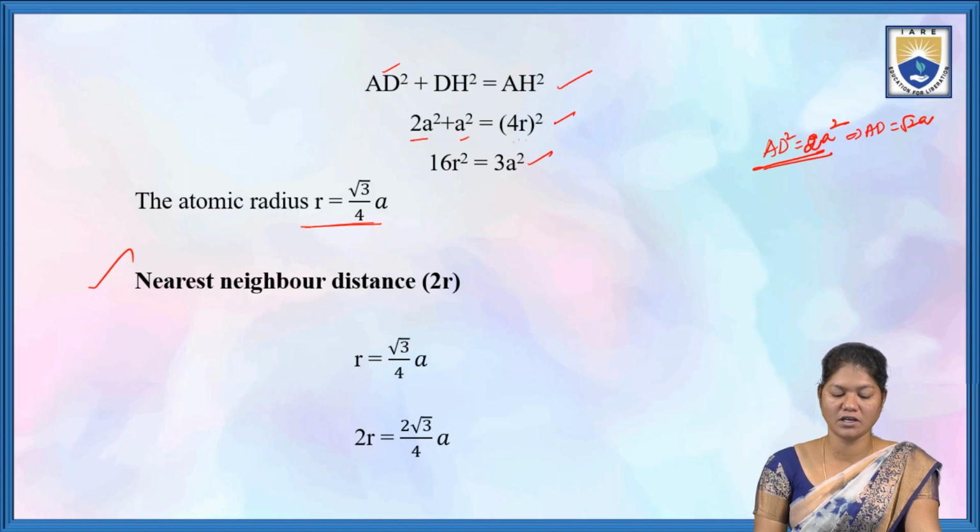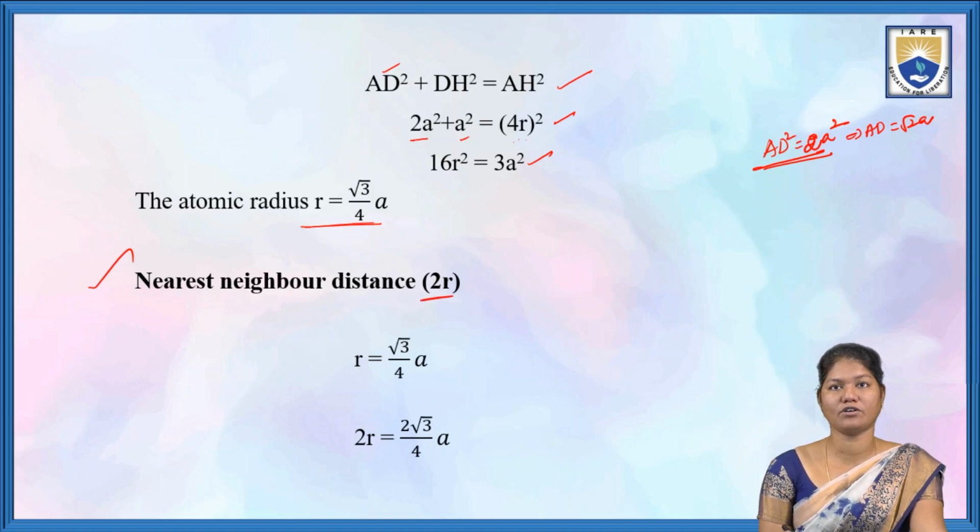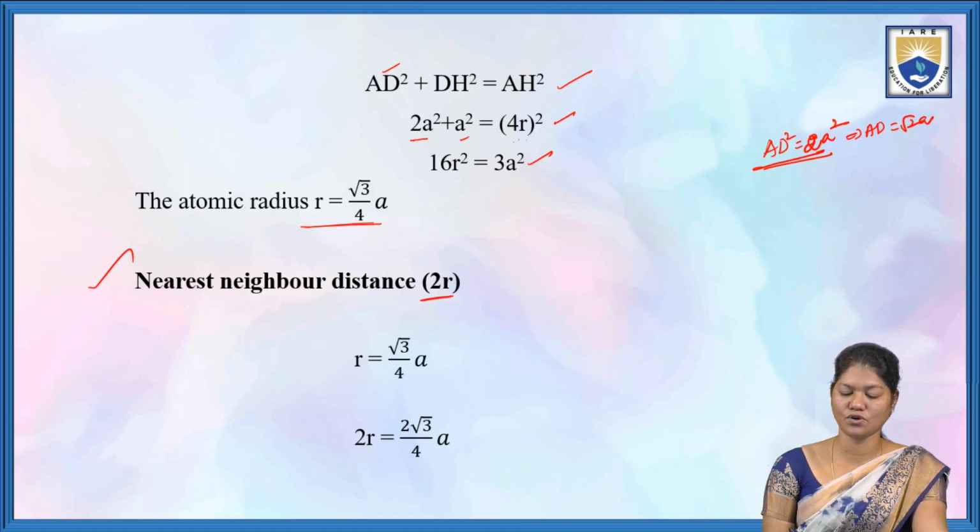Next, coming to the nearest neighbor distance. Nearest neighbor distance is 2R. We already calculated the R value, the atomic radius, so let's substitute in this 2R.